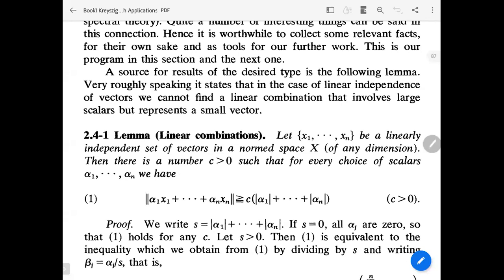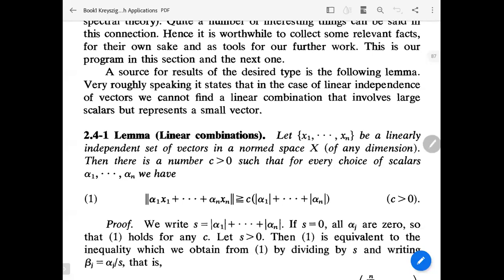So what does it say? Let x1, x2 up to xn be a linearly independent set of vectors in a norm space X, of any dimension.